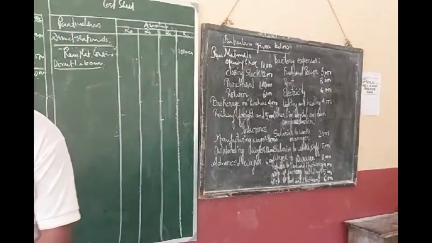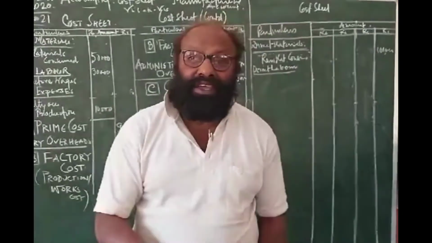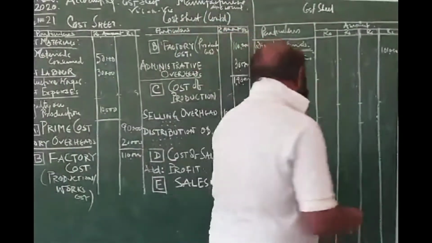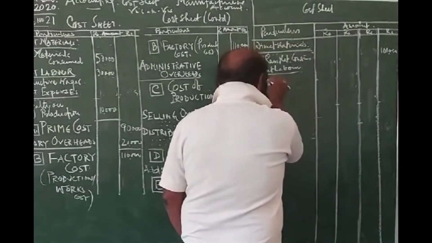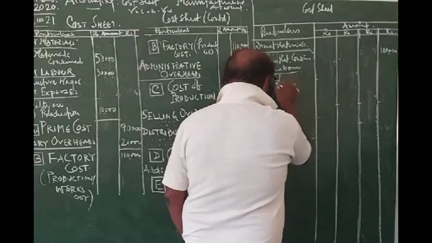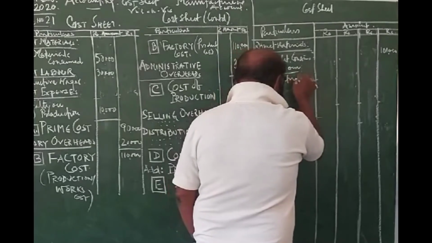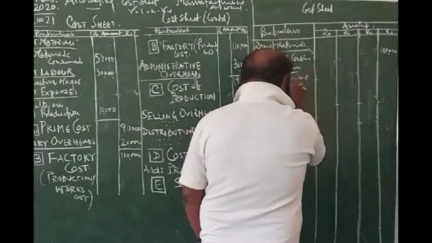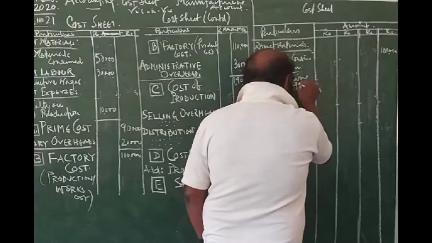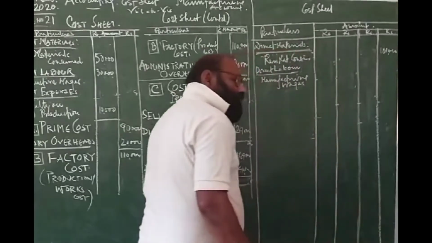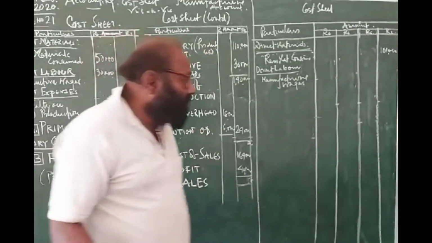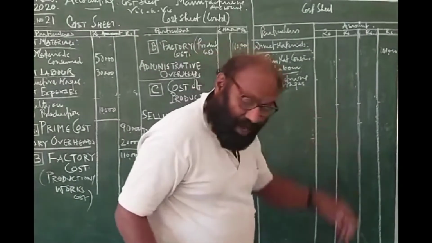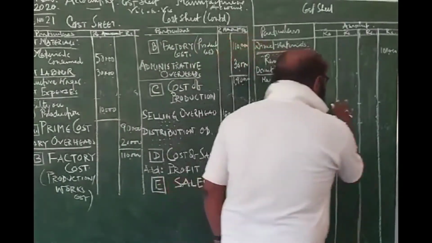So manufacturing wages is the labor which you have paid for making your goods duly produced. So I am writing here, manufacturing wages. It may be termed as productive wages or works wages or whatever it may be. How much is it? It is 40,000.